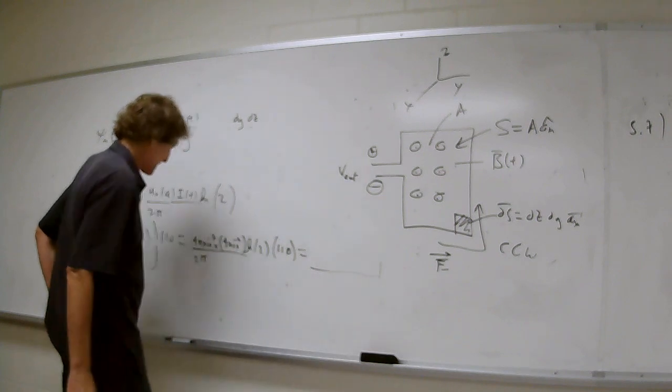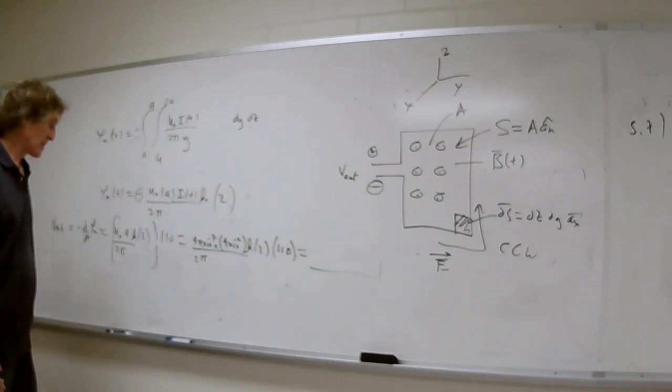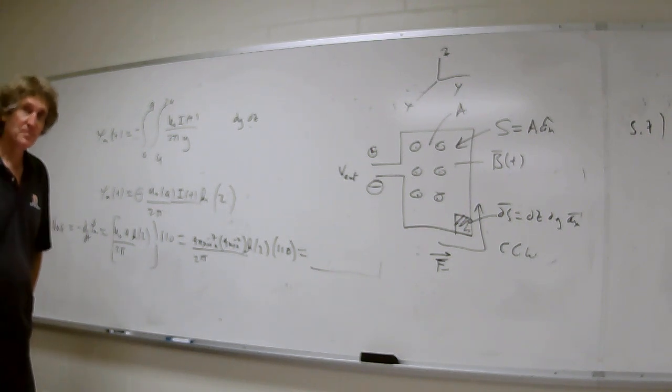So tell me what that is. That's really 4 pi over 2 pi, give me 2, times 4 is 8. And then I have minus 7, minus 2, so minus 9. So 8 times 10 to the minus 9 times 110 times natural log of 2. Can somebody give that to me?